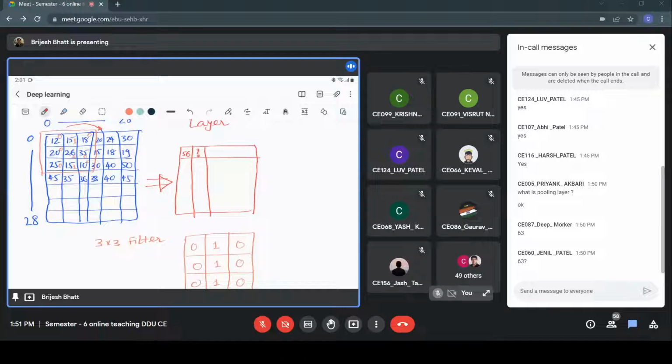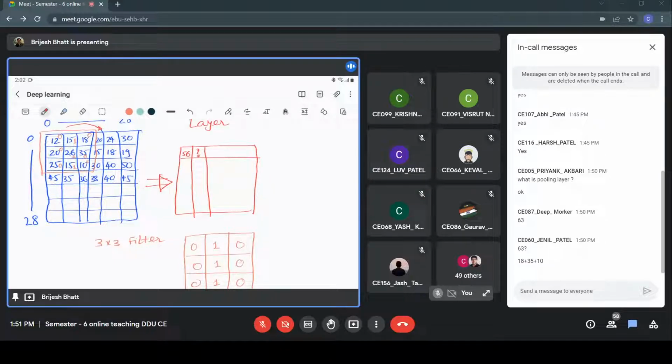And that is why Janil and Deep are answering it as 63, right? So move the filter one step and repeat the same process of multiplying cell value with filter value and then sum up all the values. So now the values that get multiplied with 1 are 18, 35 and 10. That turns out to be 63. So this will be 63 and so on.